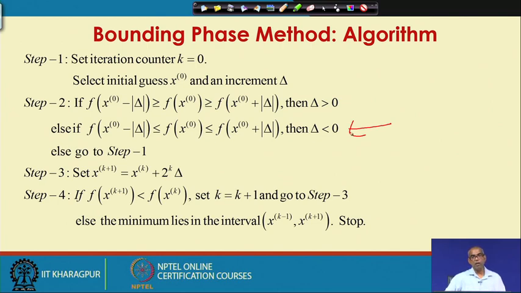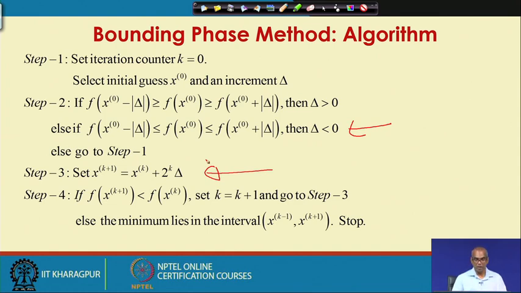So, once we have chosen a positive or negative delta, in the step 3, we get x k plus 1 as x k plus 2 to the power k into delta. If f of x k plus 1 is less than f of x k, then set k equal to k plus 1 and get to step 3, else the minimum lies in the interval x k minus 1 and x k plus 1.